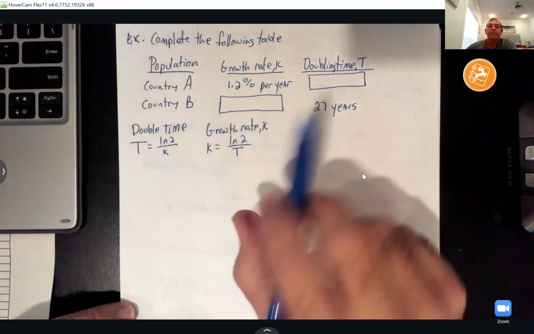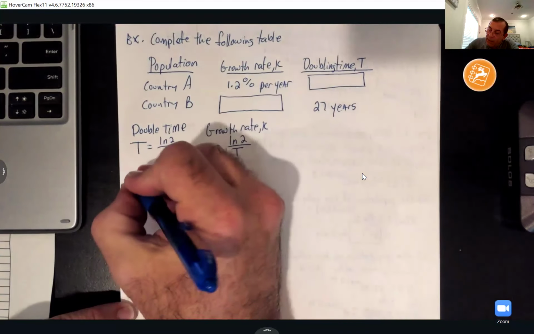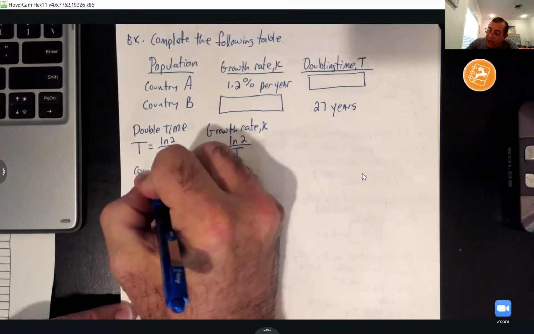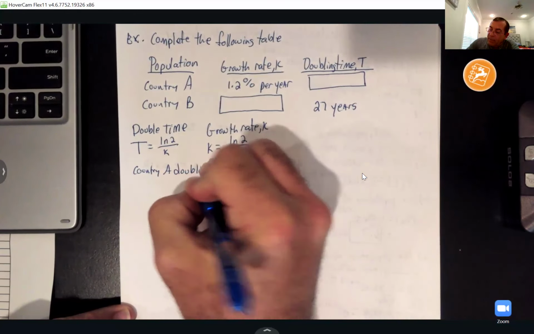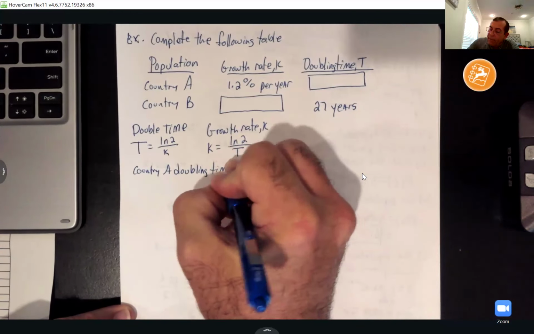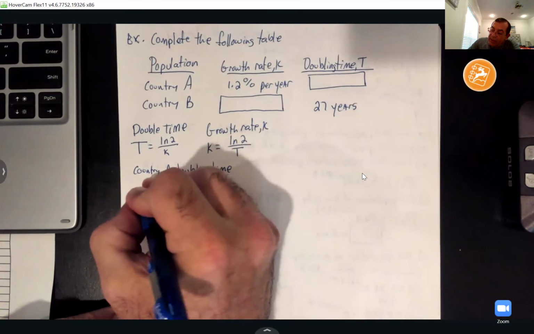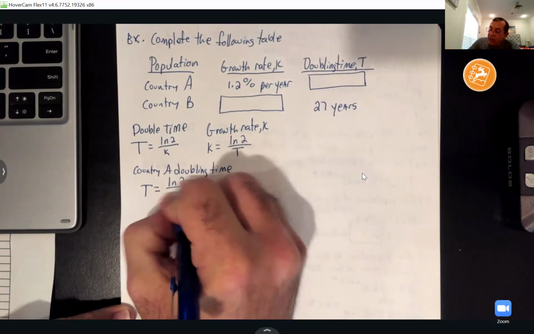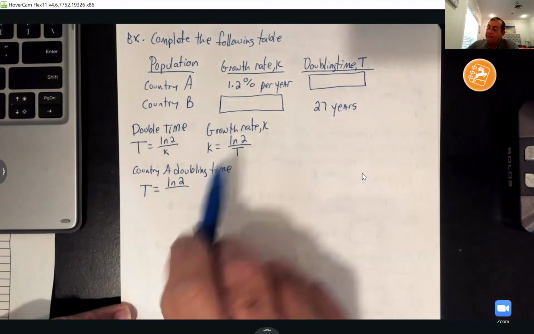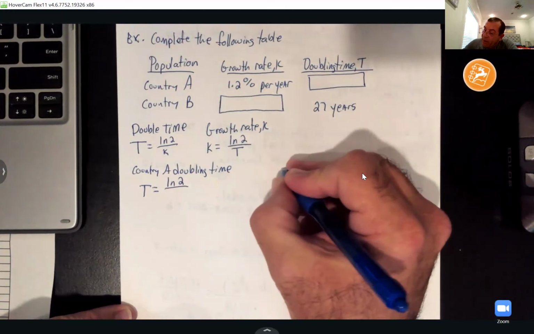Now, I guess I'll find the doubling time of country A. So that means big T will equal ln of 2 over K. But y'all look, they're giving me that as a percent.